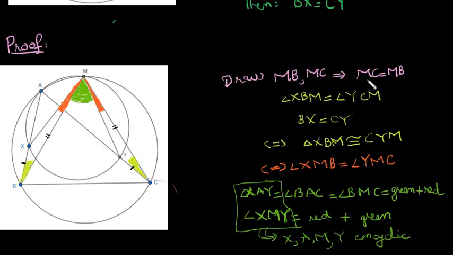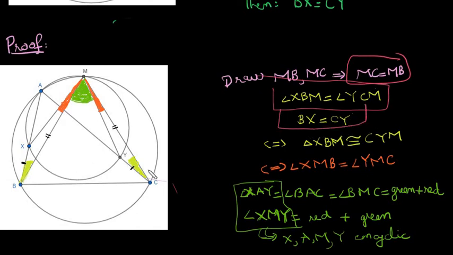So we have one pair of sides that's equal, which is MB and MC, by the definition. We're trying to prove the first part here. So we know that BX is equal to CY. We're trying to prove that A, X, Y, and M are concyclic. So because we know that BX is equal to CY, all of these three things combine, this one, this, and the third one, we have two sides and an angle between them.